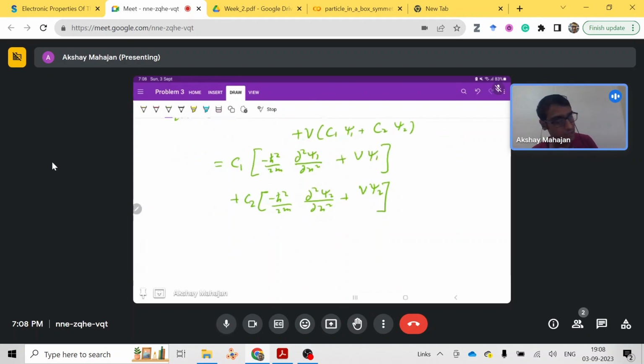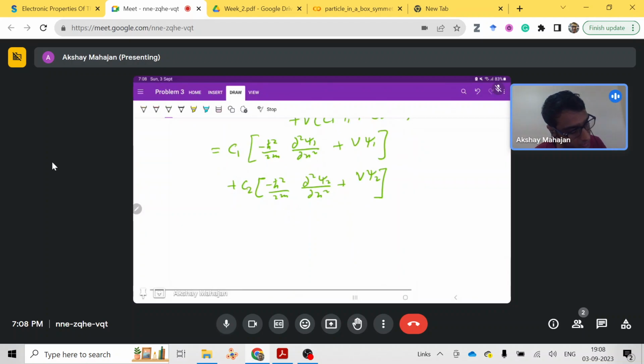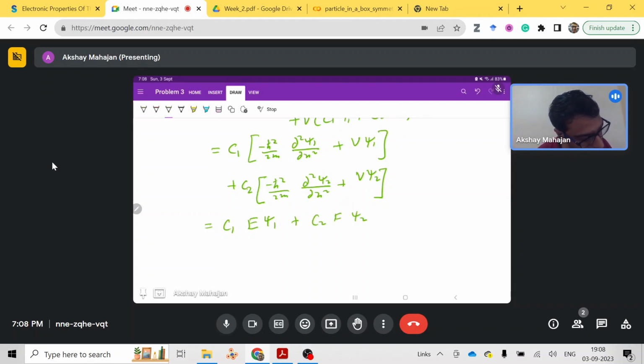Since psi 1 and psi 2 satisfy the TISE and are degenerate, they have the same energy eigenvalue E. Taking E common, we have C1 psi 1 plus C2 psi 2, which is psi 3. So this gives us E times psi 3.